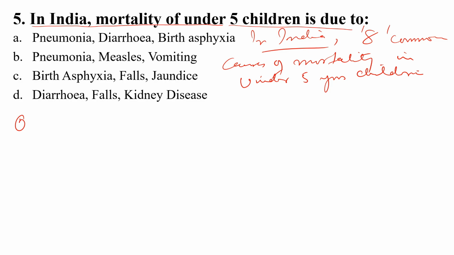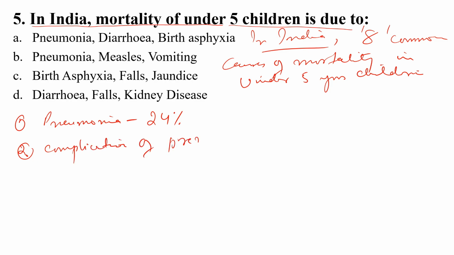Number 1 is pneumonia, which comprises approximately 24%. Number 2, complication of prematurity, approximately 18%. The complication is due to the baby being born prematurely, so whatever complication happens leads to the death of the baby.